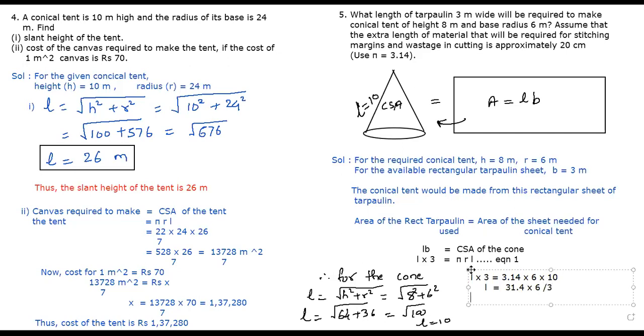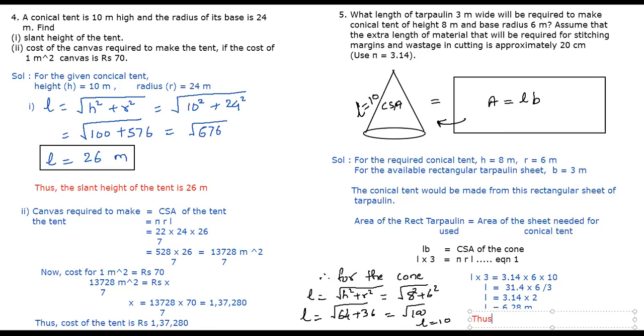Divided by 3. L has become 3.14 into 2. Ultimately, L becomes how much? 6.28 meters. Are you understanding, children? Yes or no? Yes, sir.